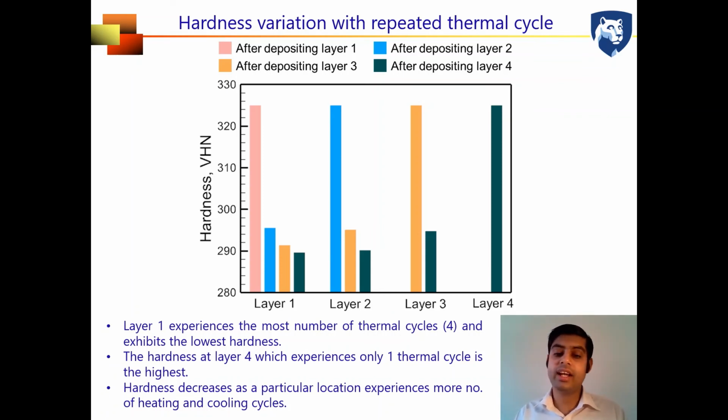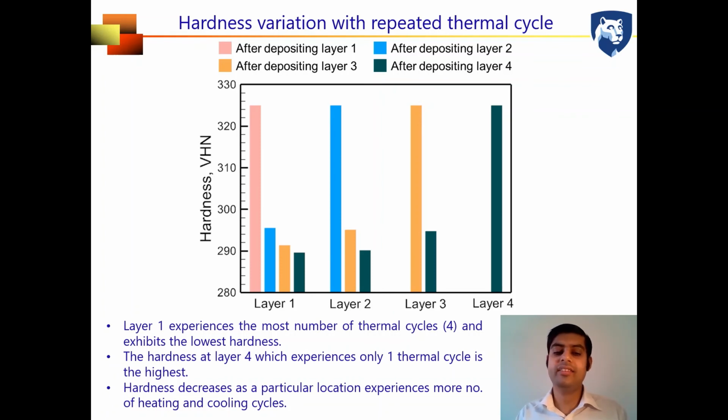But fourth layer experiences only one thermal cycle, that is during the deposition of fourth layer. So it experiences only one thermal cycle. That's why at the end of the deposition process, that means after the deposition of fourth layer, the hardness in the fourth layer is the maximum.